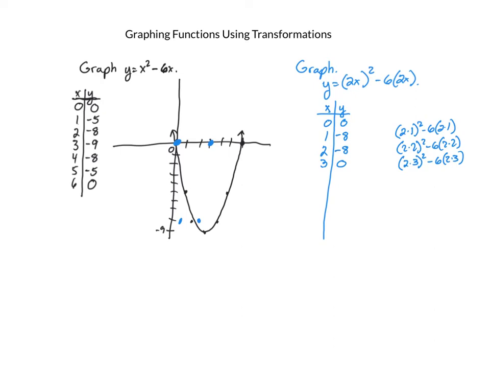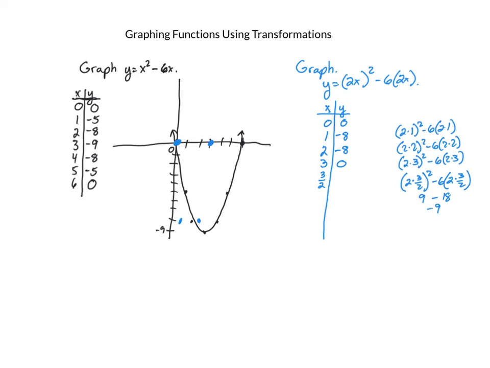So let's put in 1.5, or 3/2. So we're popping 3/2 into the function. We have 2 times 3/2 squared minus 6 times 2 times 3/2. And you'll notice that this will be 9 minus 18, or negative 9.